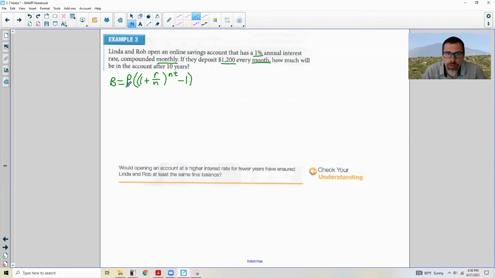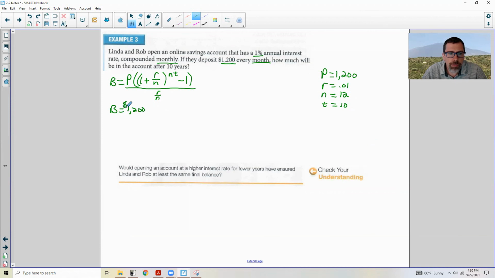Close those parentheses and divide by R divided by N. Over here, I'll write P equals principal, $1,200 every month. R equals 0.01, N equals compounded monthly, that's 12 times a year, and T is time, number of years, 10.